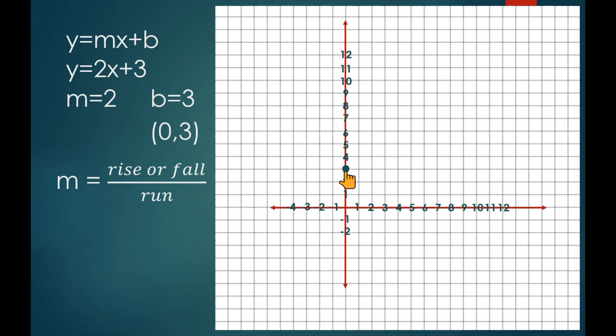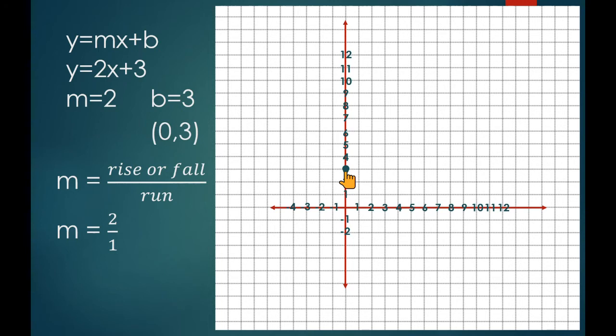The denominator of 2 is 1. So, 2 over 1. Ibig sabihin, ang rise ang ginamit ko kasi positive 2. So, we have 2 units upward over 1 unit to the right.